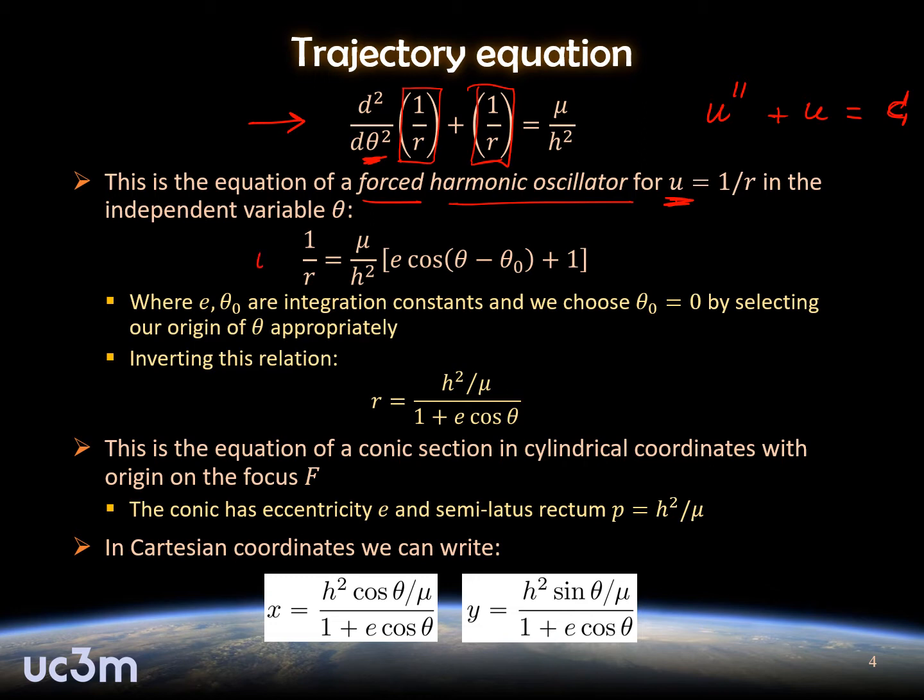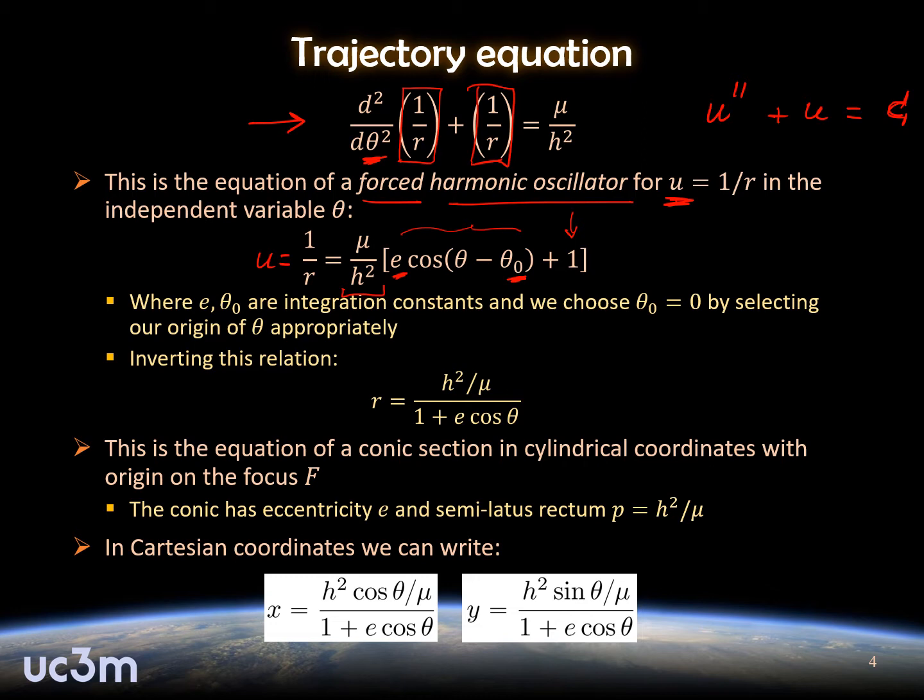Okay, so our solution for u, which is 1 over r, can be expressed as you can see over here. This would be the solution to the homogeneous equation, and this one multiplied by mu over h squared is the particular solution to the forced equation. And we have two integration constants, this e here and this theta 0, which depend on initial conditions, of course.